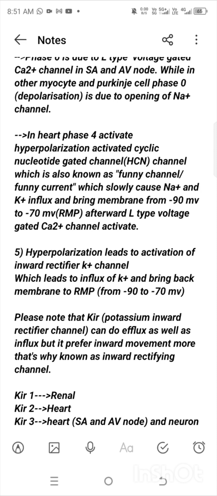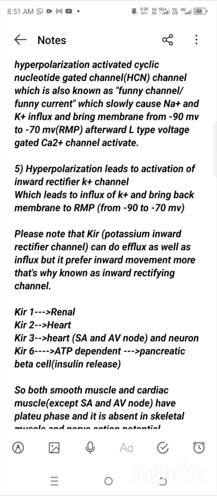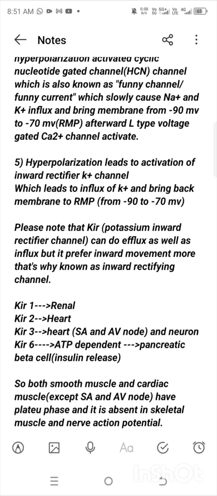The potassium inward rectifier can do efflux and influx as well, but inward movement is preferred by the channel, that's why it is known as inward rectification. There is no such channel for sodium inward rectification.